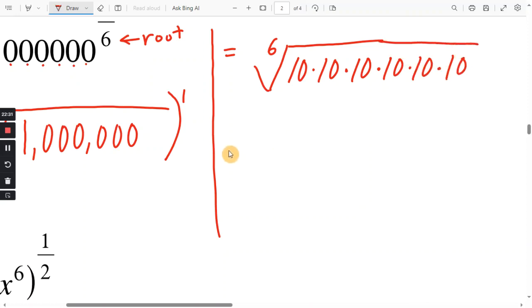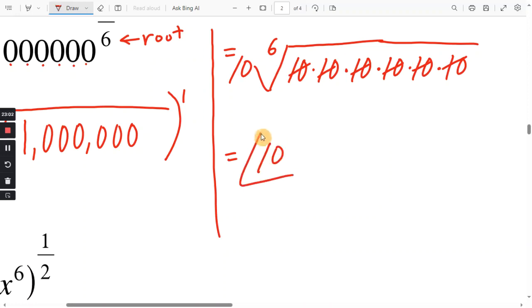Since this is the 6th root and we have 6 tens here, we can cancel 6 tens, 1, 2, 3, 4, 5, 6, and move it outside of the radical symbol. Just like when we did square root, you can cancel 2 of the same number, but now this is the 6th root, we cancel 6 of the same number. So this whole thing is eliminated, and we're just left with the 10.